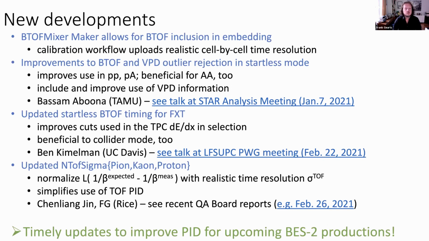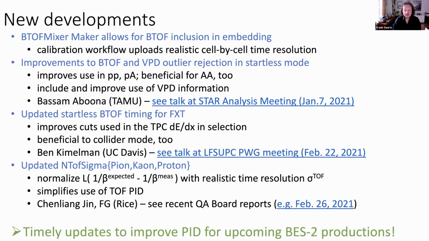More recently, we actually fed back some of the calibration workflow, specifically the time resolutions of each of these 23,000 channels, back into the BTOF calib maker and into the simulation maker, so that the simulation maker can actually smear with realistic cell-by-cell time resolutions, which should have a very beneficial effect on using the BTOF in simulations and thus in the mixer maker.